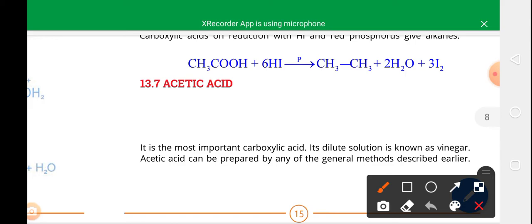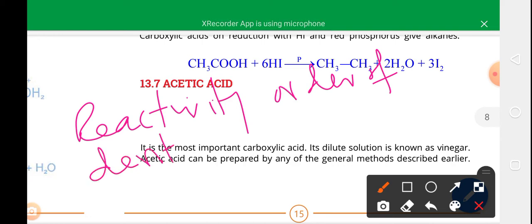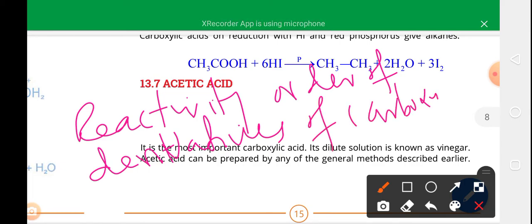Finally, add the reactivity order of derivatives of carboxylic acid. What is the reactivity order of derivatives of carboxylic acid?